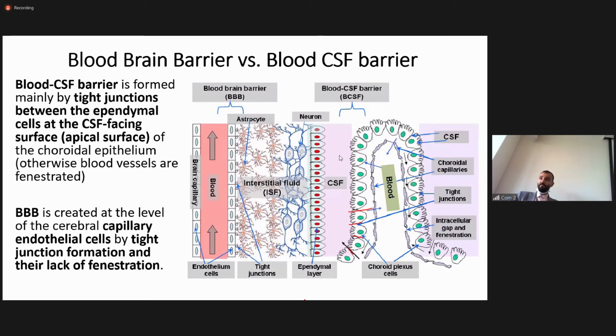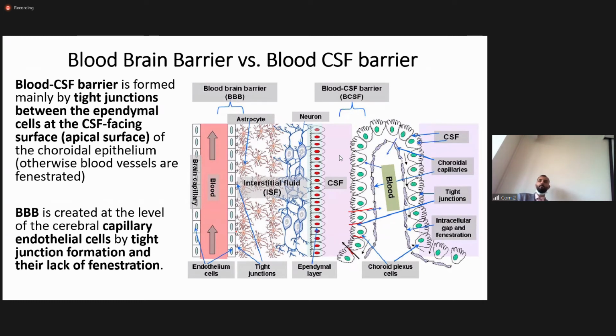So the blood-CSF barrier is the tight junctions between the ependymal cells which prevent whatever is in the blood from leaking into the CSF, okay? Whereas the blood-brain barrier is actually the tight junctions that are formed between the endothelial cells of the blood capillaries, okay? So these capillaries are not fenestrated, okay? And so this is what we call the blood-brain barrier.